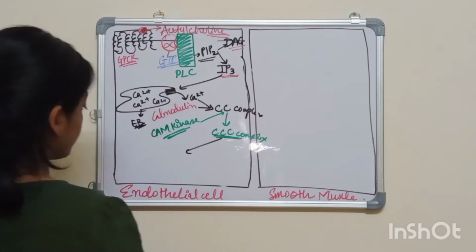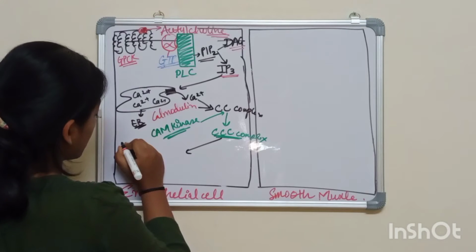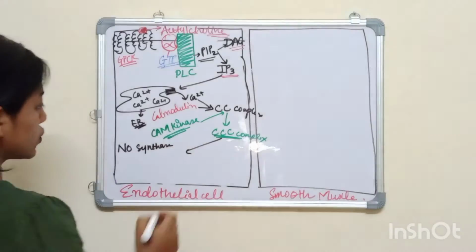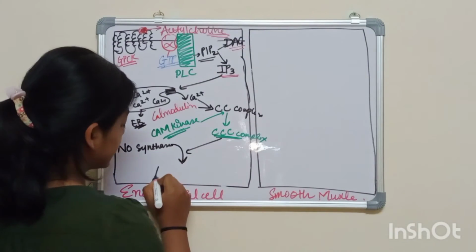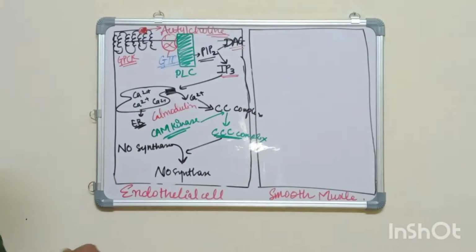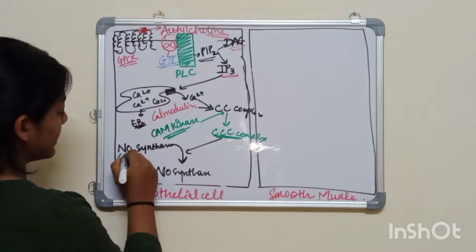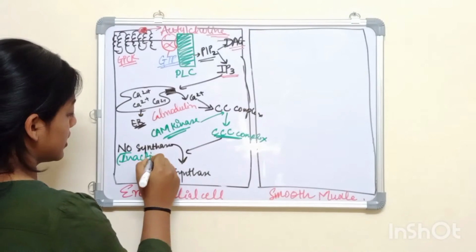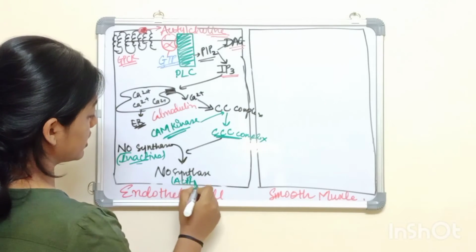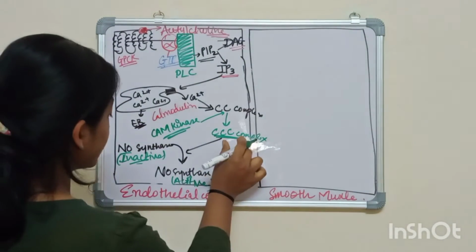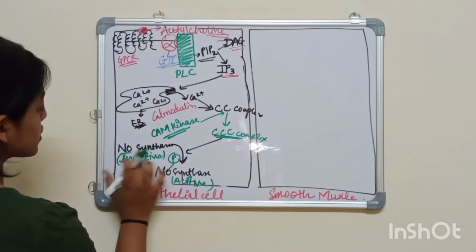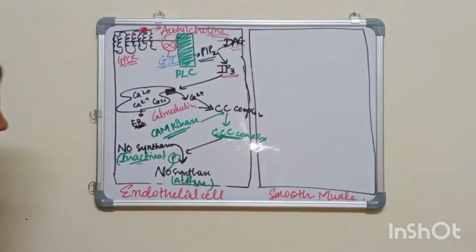So it will convert NO synthase, which was inactive, to active NO synthase. This CCC complex phosphorylates, or adds a phosphate group to, this NO synthase, and now NO synthase becomes active.